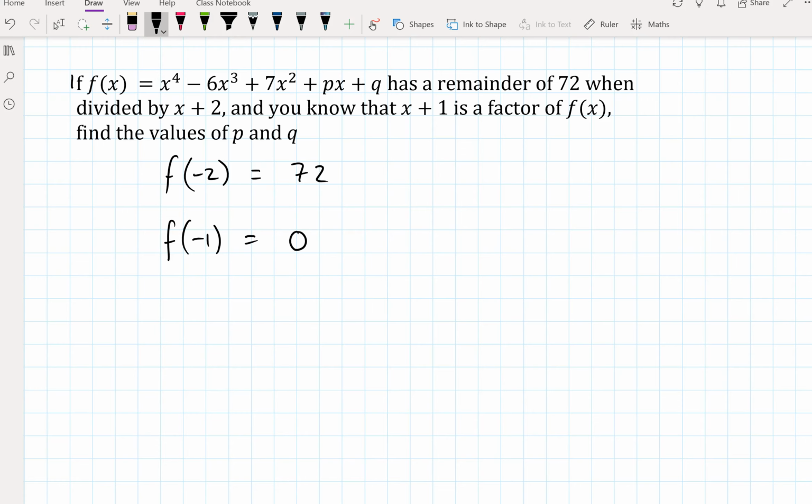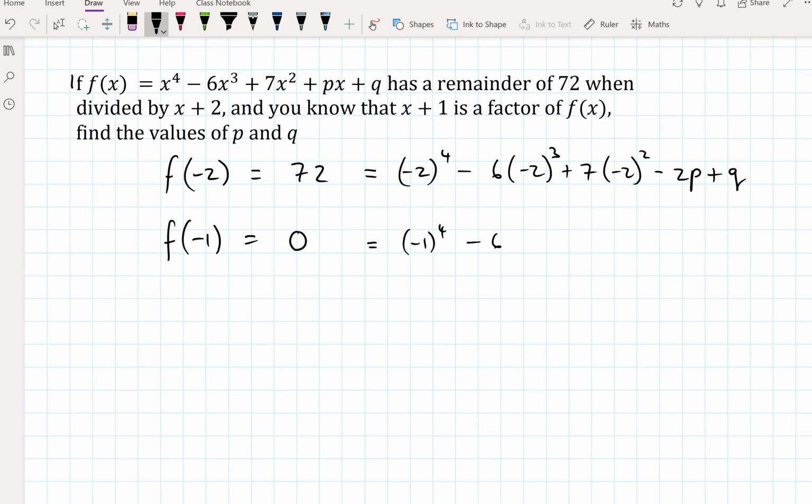If I substitute in over here, x is minus 2, I'm going to get minus 2 to the power 4, minus 6 times minus 2 cubed, plus 7 times minus 2 squared, minus 2p plus q. In this situation, I substitute minus 1. I'm going to get minus 1 to the power 4, minus 6 times minus 1 cubed, plus 7 times minus 1 squared, minus p plus q.